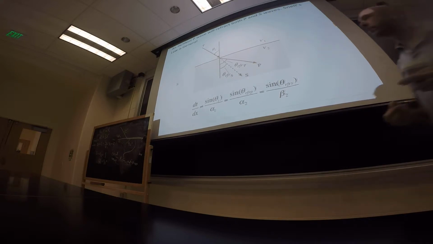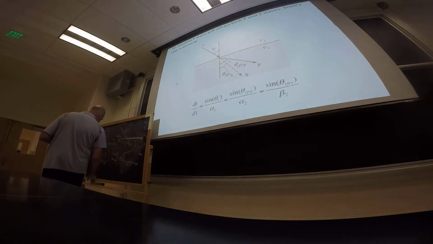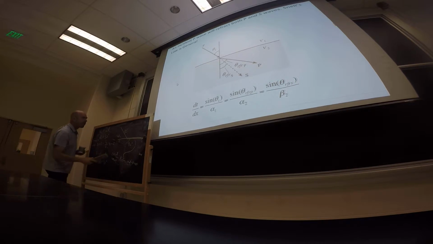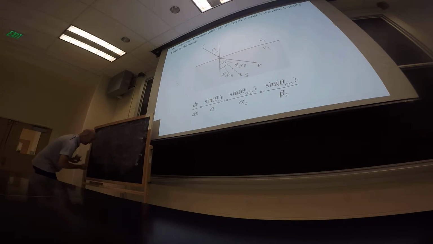Suppose that we have a situation like this. And I'll let you guys think about it. Let's say that I have an incident P wave here, and I have a refracted shear wave.